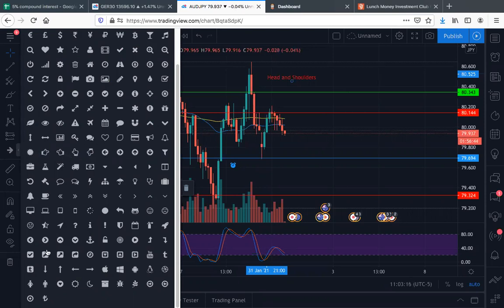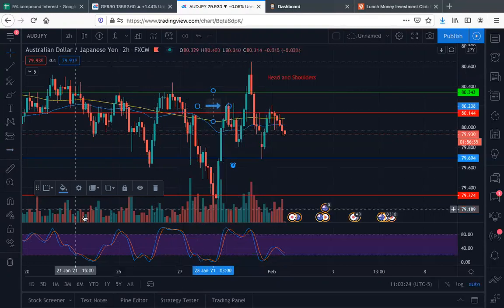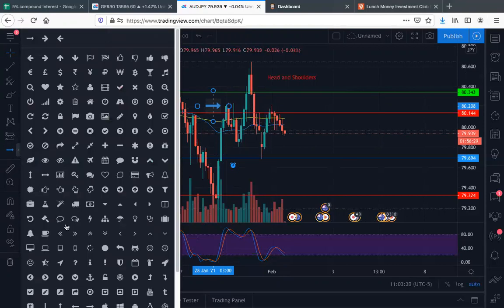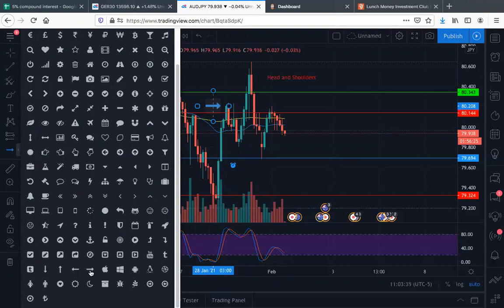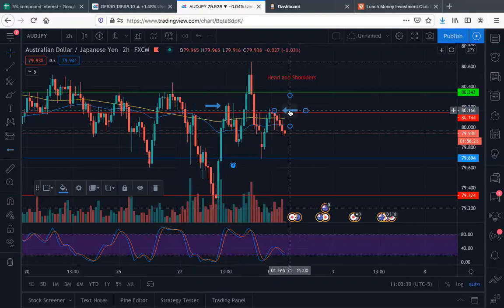I guess we can just use an arrow for now. All right, we got our right shoulder. We go get us another little icon, the left arrow. And then we got the left shoulder right there.